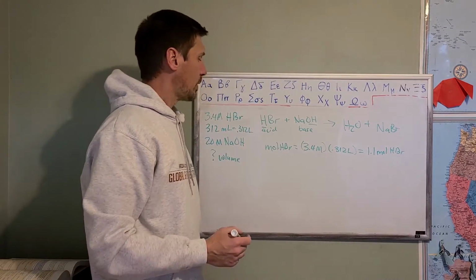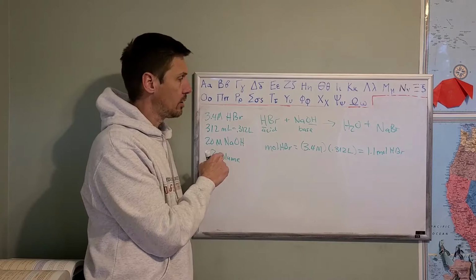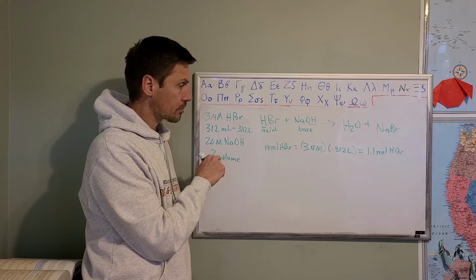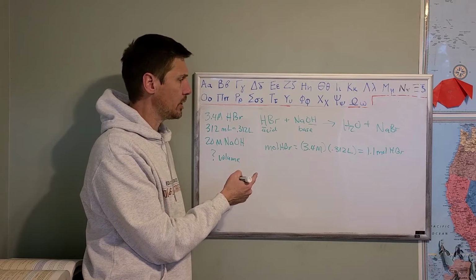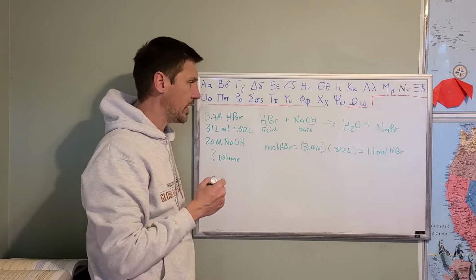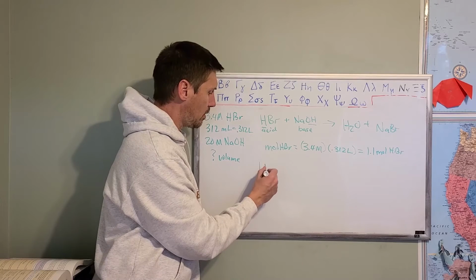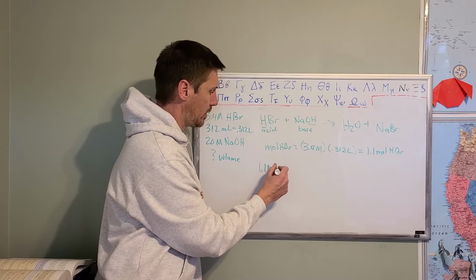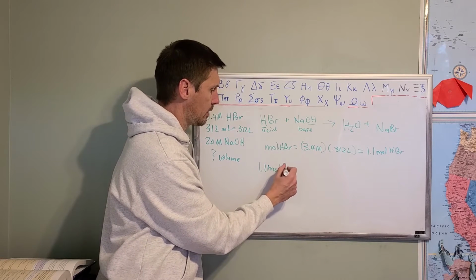All right, so how much NaOH do we need? Well, we just use stoichiometry to convert this from moles of HBr to moles of NaOH. And how do we do that? Well, you guys already know the answer, right?